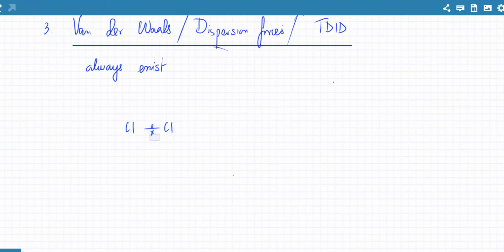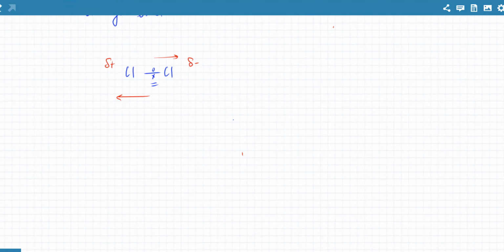If they get knocked to one side, this side would become partial negative, the other side would become partial positive, right? Vice versa, the electrons might get knocked to this side, and this side would become partial negative, this side would become partial positive. So is this idea clear? That what are forming are temporary dipoles. Is this clear?